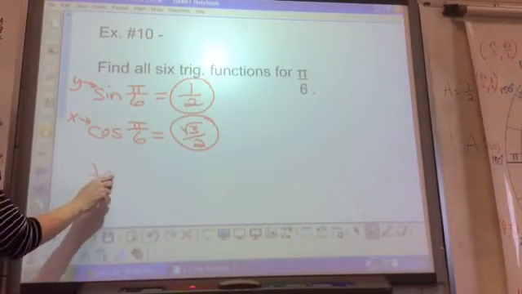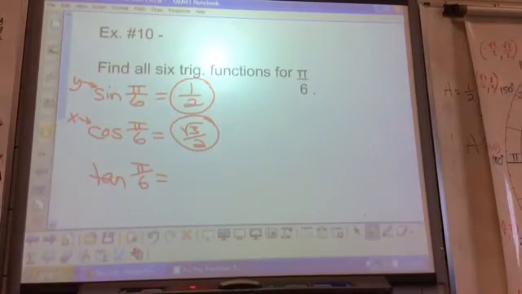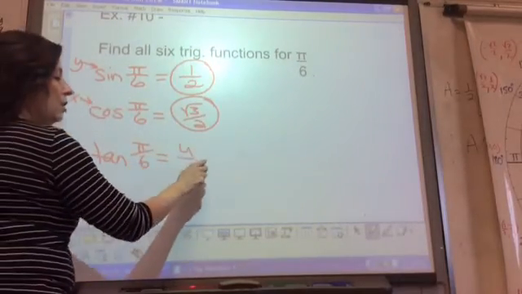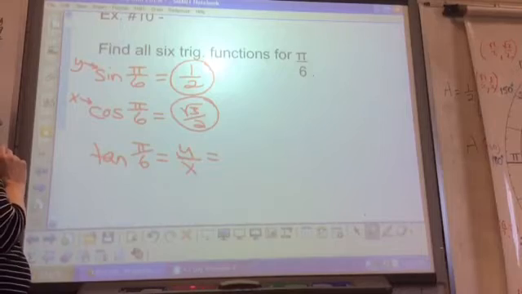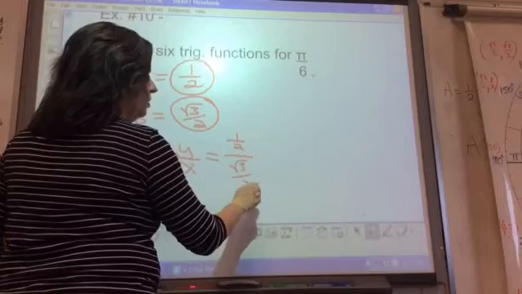All right. Tangent. Sorry. Tangent is y over x. 1/2 over square root of 3 over 2.